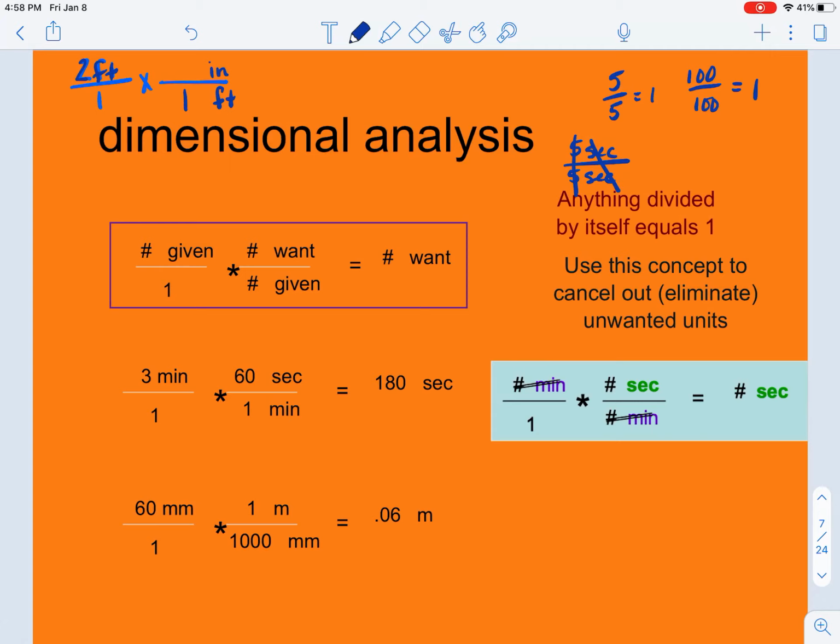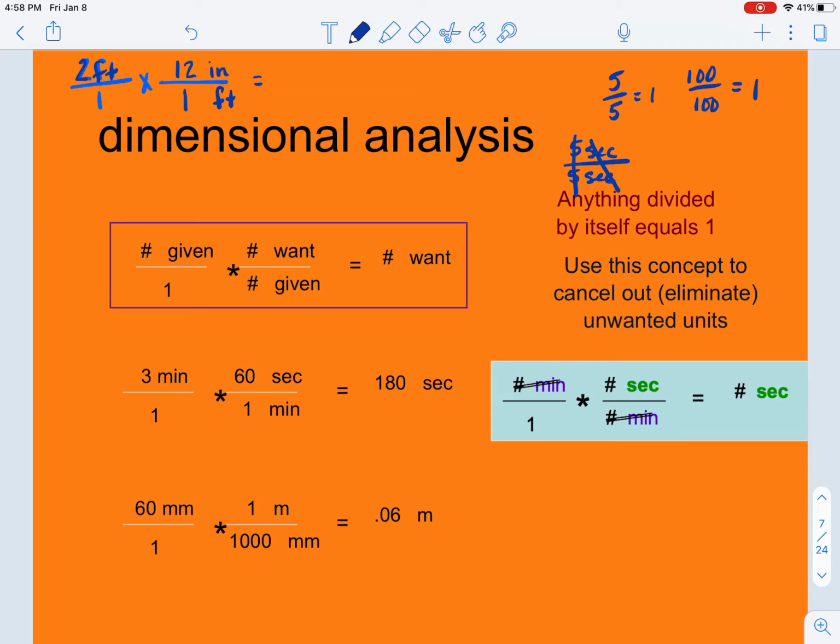So a foot is larger than an inch, so I'm going to put a 1 in the denominator with foot, because that is the larger unit of measurement. Now I'm going to ask myself, how many inches does it take to make a foot? It takes 12 inches to make a foot. So by putting the values in to show how these two units relate to each other, I have now written my fraction.